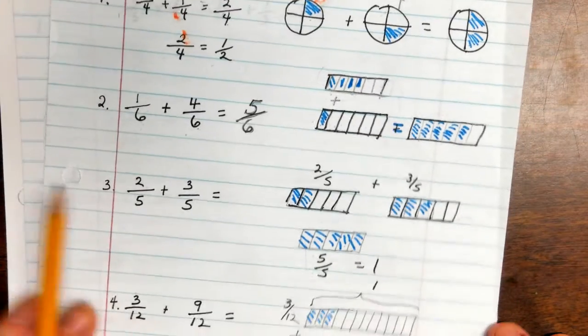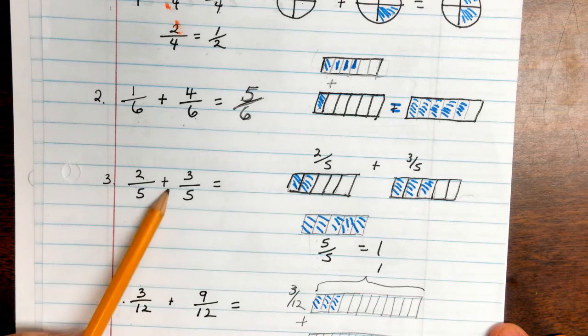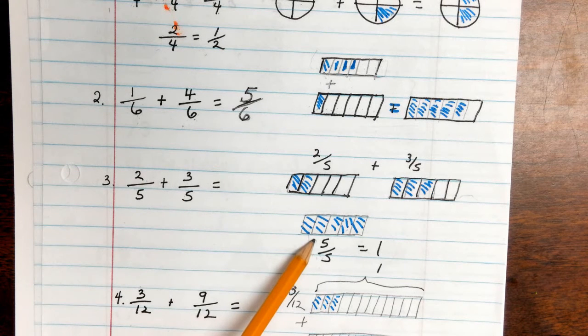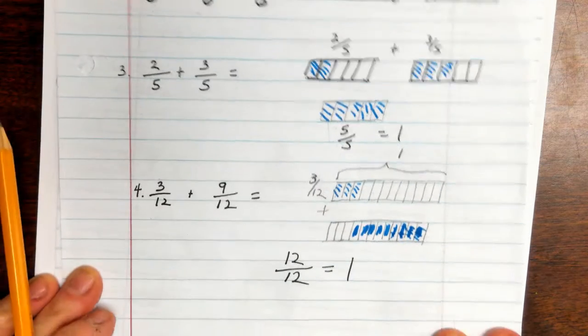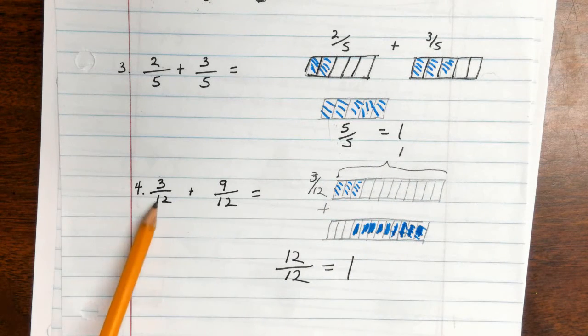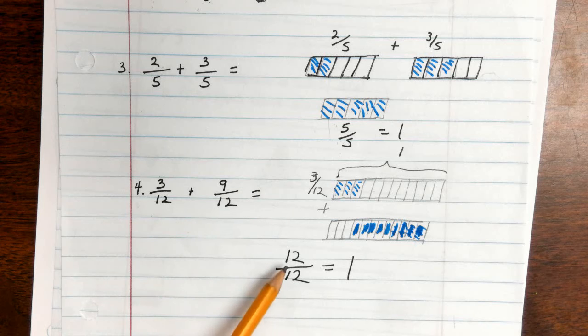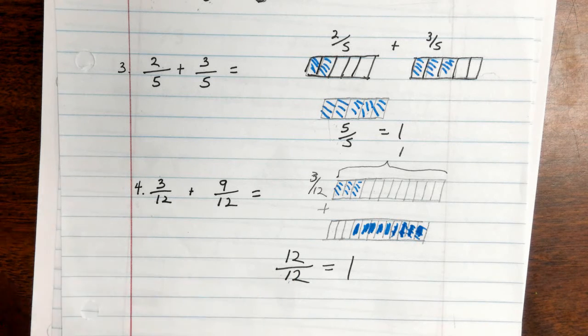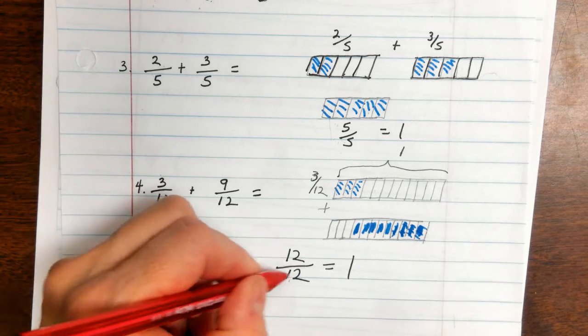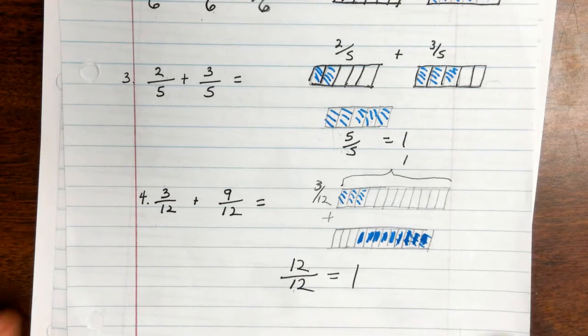And we became aware that 2/5 plus 3/5 equals 5/5, and 5/5 equals 1. Just like 3/12 plus 9/12 equals 12/12, and that also equals 1, because 12 divided by 12 is 1, because this line here means divided by.